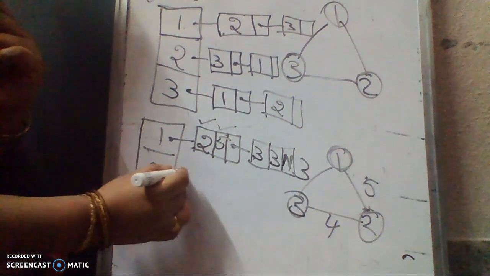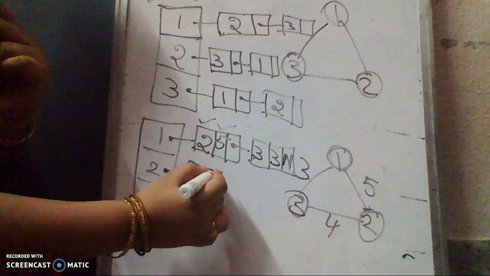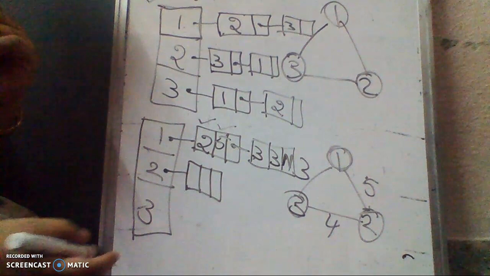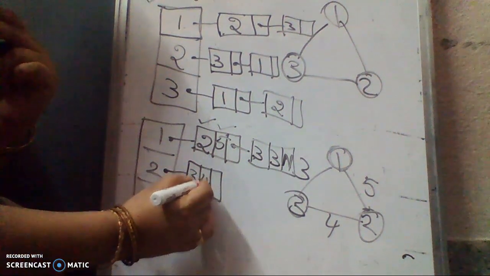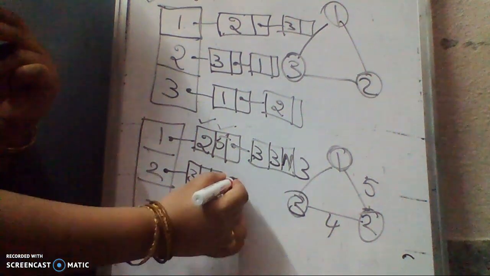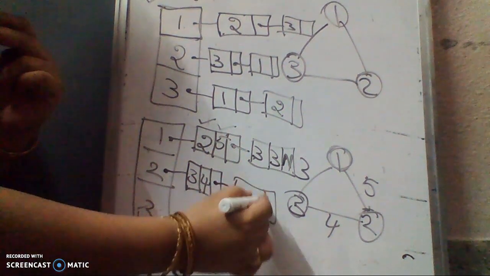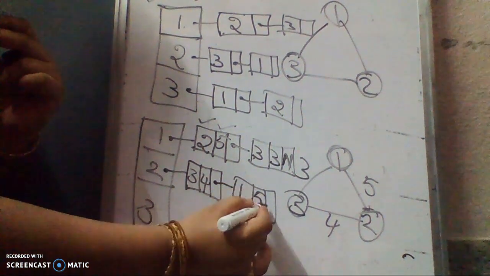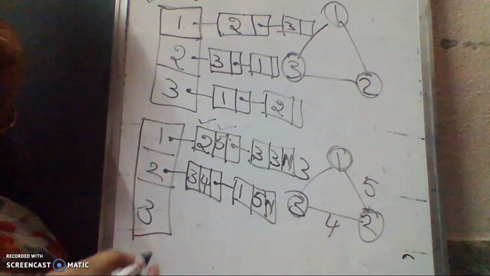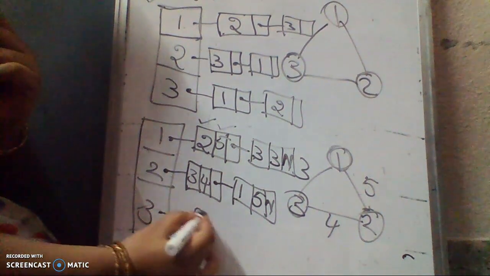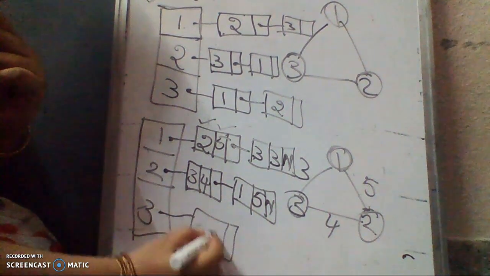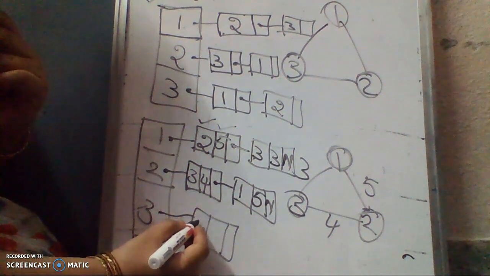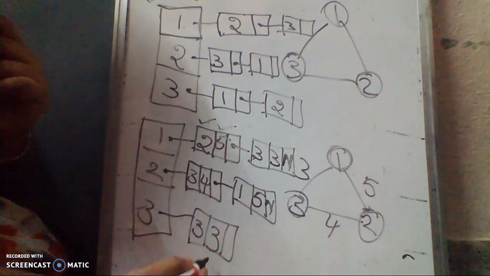And vertex 2 has two adjacents. Two vertices adjacent to the 3 vertex with edge weight 4, and vertex 2 is adjacent to the 1 vertex with edge weight 5, then null. Next, vertex 3 also has two adjacent nodes. Vertex 3 is adjacent to 1 with weight 3, 3 is the edge weight.